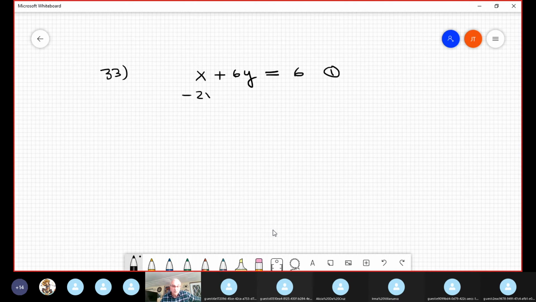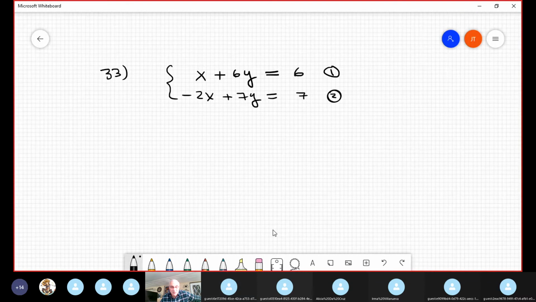Minus 2x plus 7y equals 7. This is easy. What is the strategy you propose? Multiply the first by -2, or positive 2? Positive. Exactly, you're right.